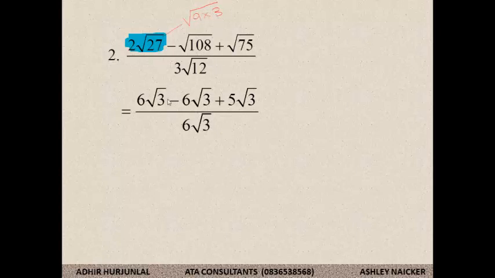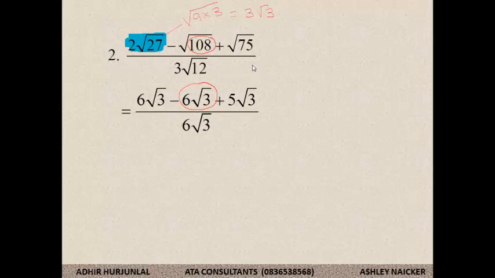And that's where I get 3 root 3. 3 multiplied by that 2 is where I got the 6 from. If I have to look at the value 108, now you understood where I got the 108 from. It's going to be, yes, 36 times 3, which is the same as 6 root 3.